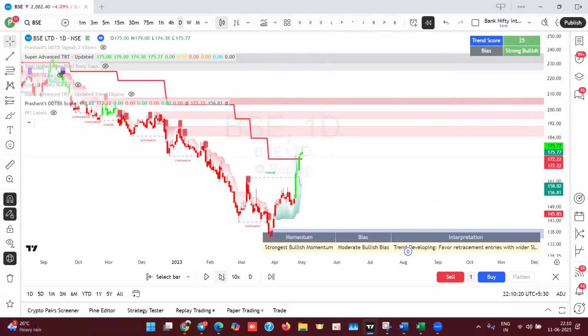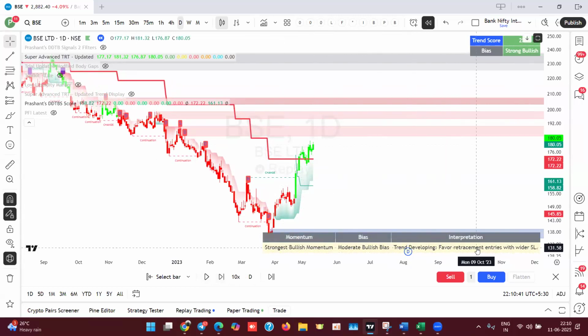Now what happened? Bias is absent because price came in the zone again in between these two. Now again moderate bullish bias. So this is moderate bullish bias. Momentum is strongly bullish.